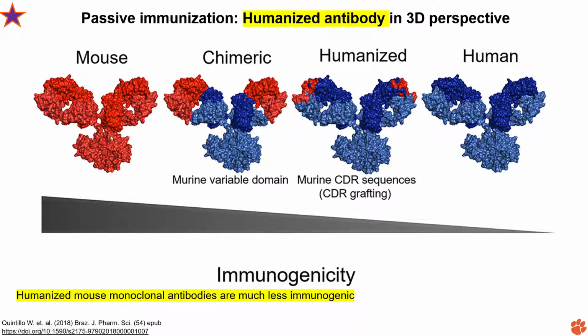Immediately your immune system is going to attack these parts. Whereas here, as they are the human type, the immunogenicity is much, much less and it is well tolerated. So all the monoclonal antibodies these days are based on these humanized monoclonal antibodies.